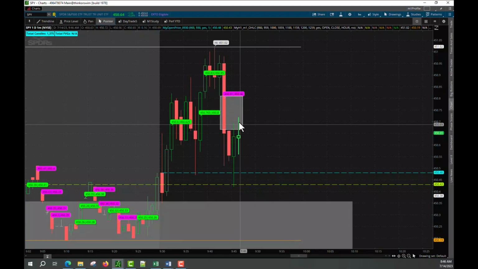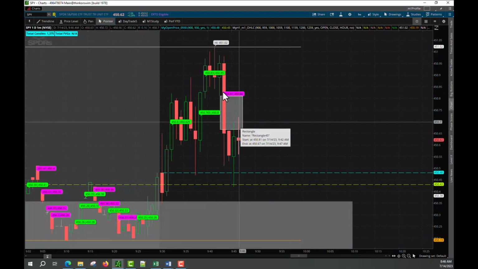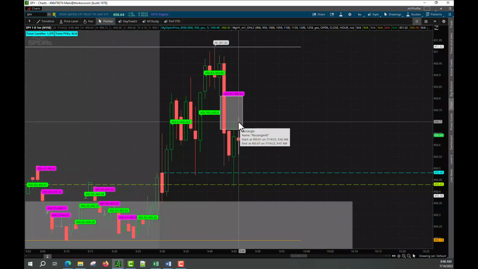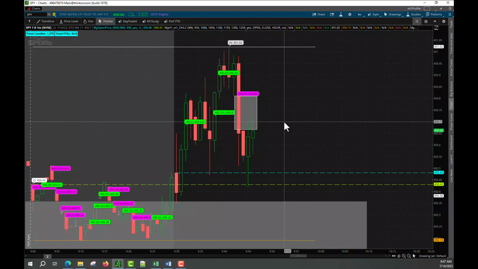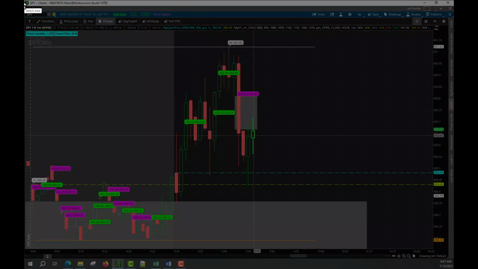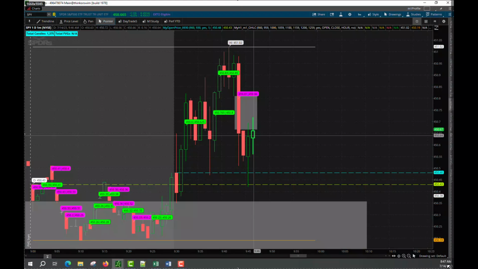Yeah, you can treat this as a retouch right here, or a block paragraph retouch. You can enter right here. Yeah, short right here. Or short, or a block paragraph retouch.